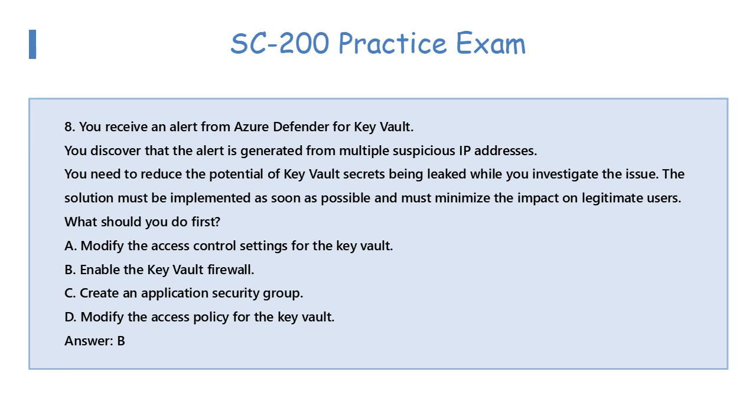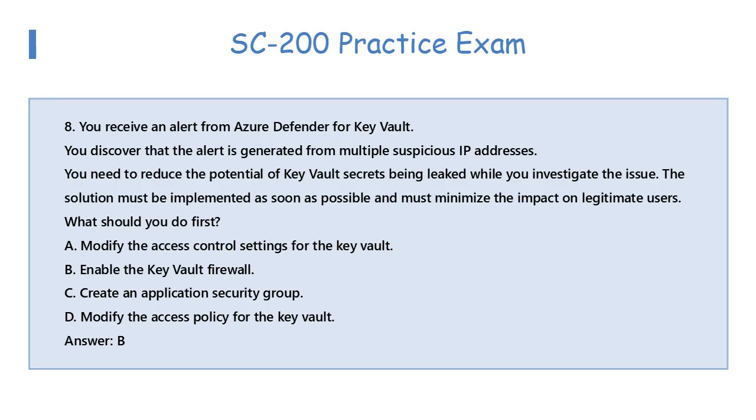8. You receive an alert from Azure Defender for Key Vault. You discover that the alert is generated from multiple suspicious IP addresses. You need to reduce the potential of Key Vault secrets being leaked while you investigate the issue. The solution must be implemented as soon as possible and must minimize the impact on legitimate users.